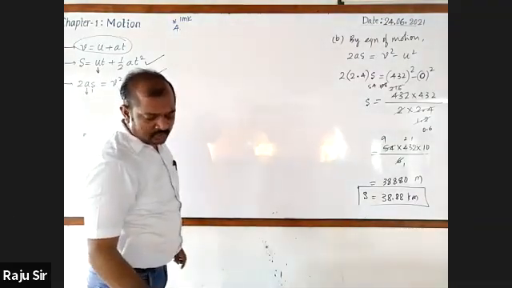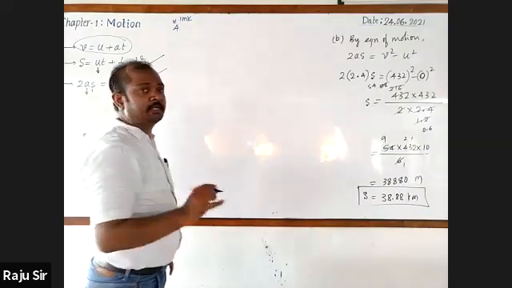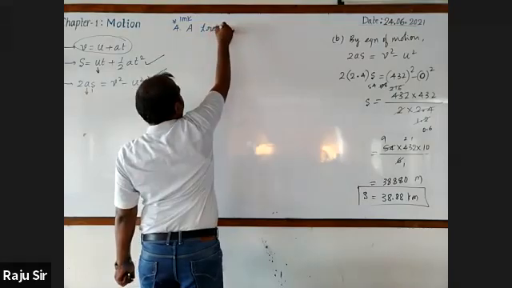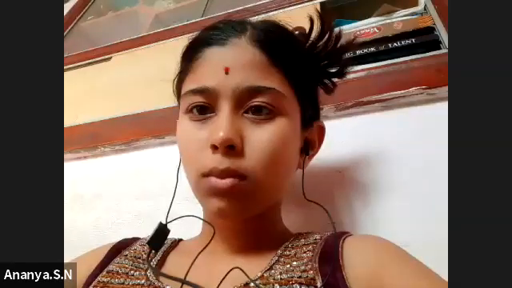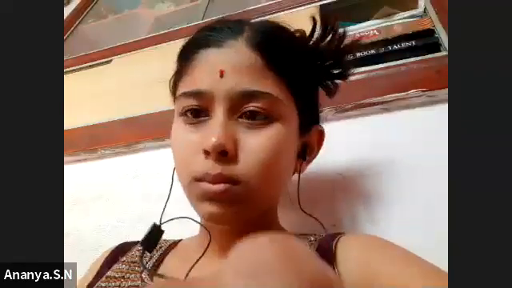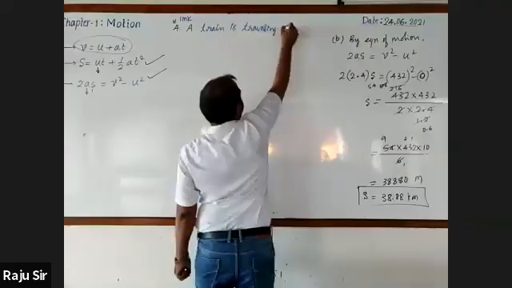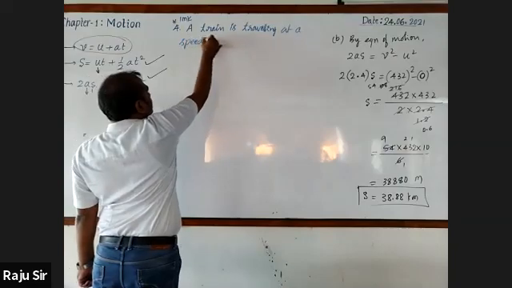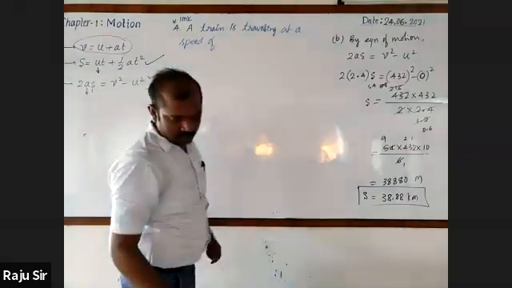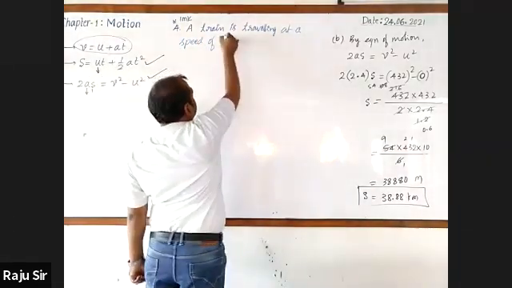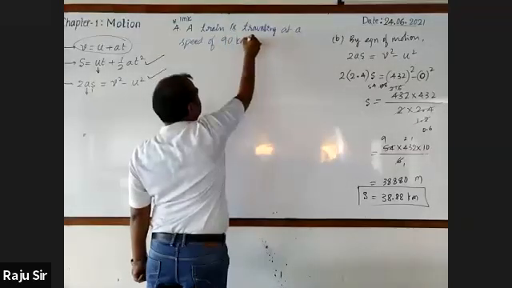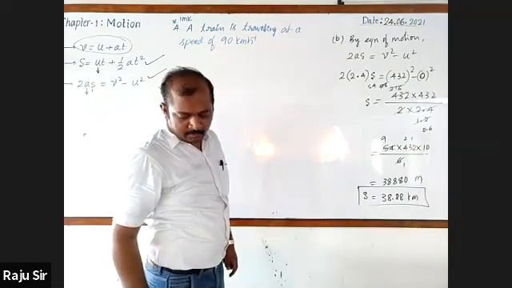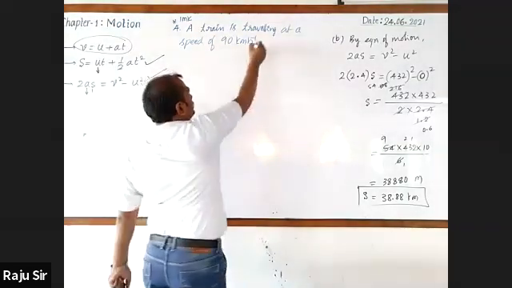A train is traveling at a speed of 90 kilometer per hour.